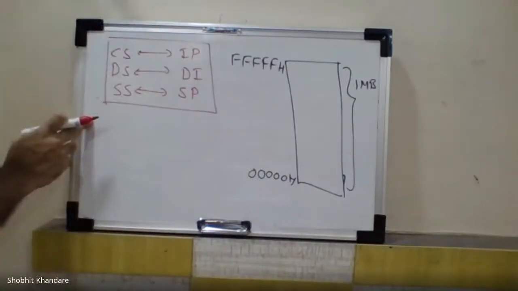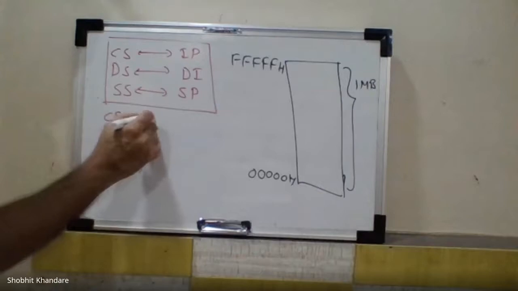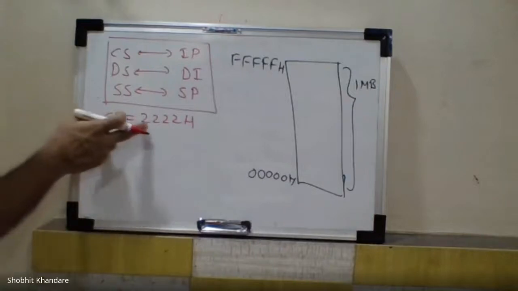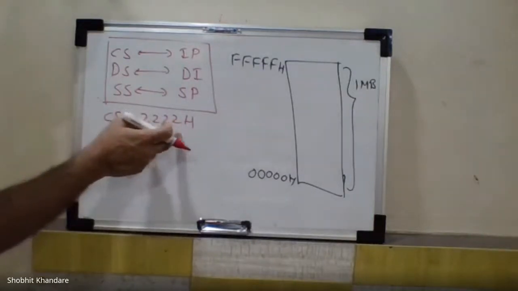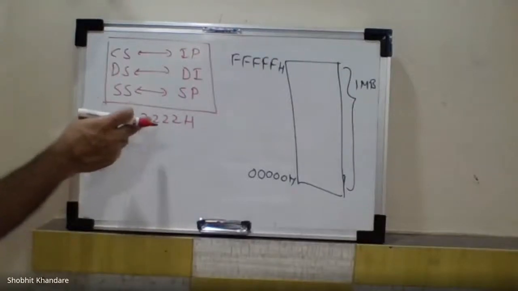Now we have to understand how to get the effective address. First we'll go with the CS. They have given us CS equals 2222H. When they give us CS as 2222H, we have to know that this is the base address, or the starting address.